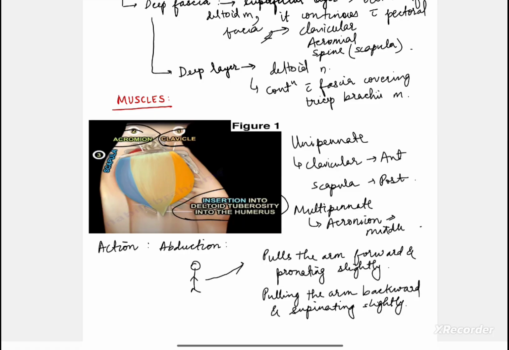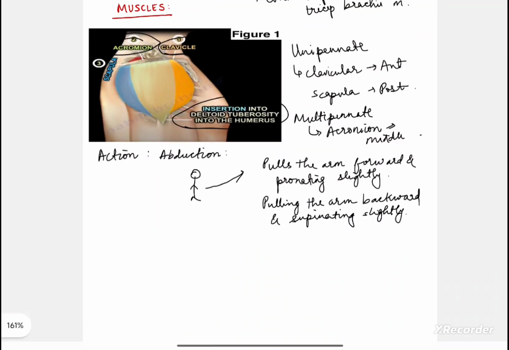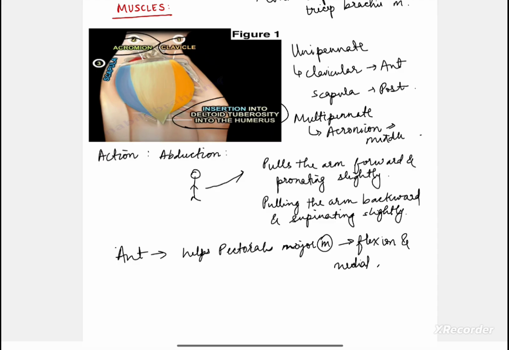Now, the anterior part, meaning the clavicular part, helps the pectoralis major muscle in flexion and medial rotation of the arm.